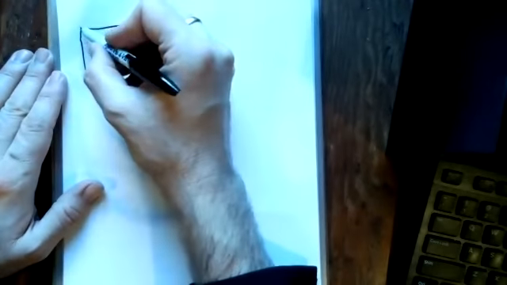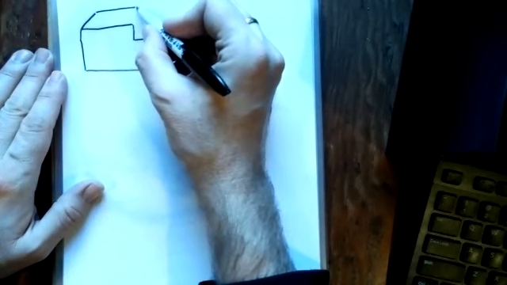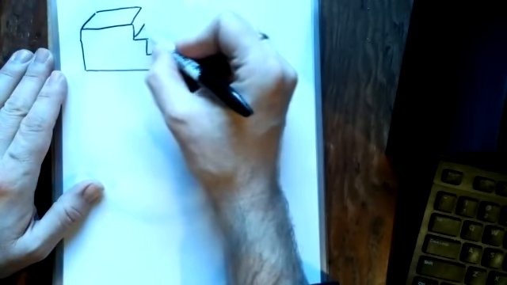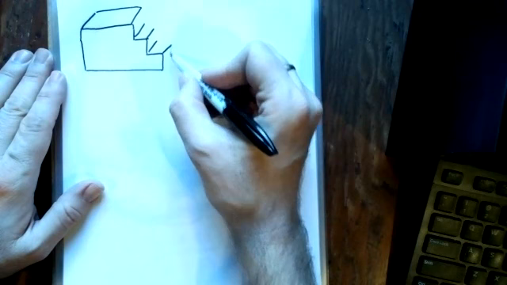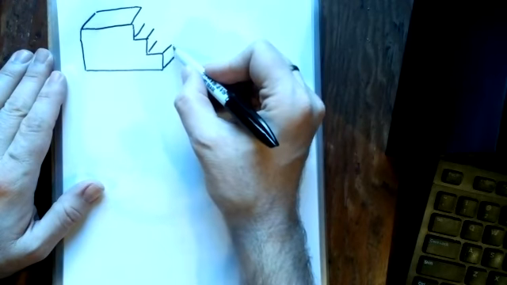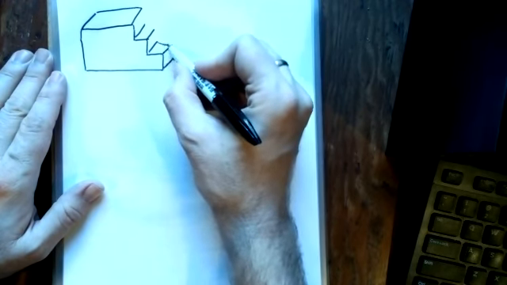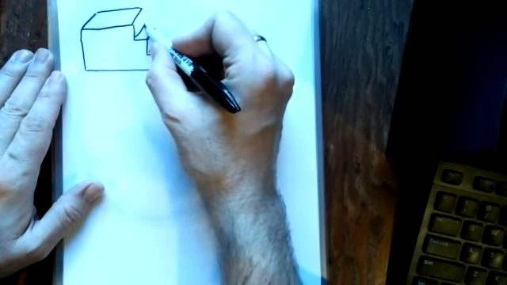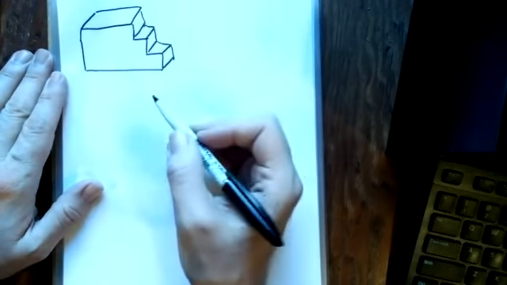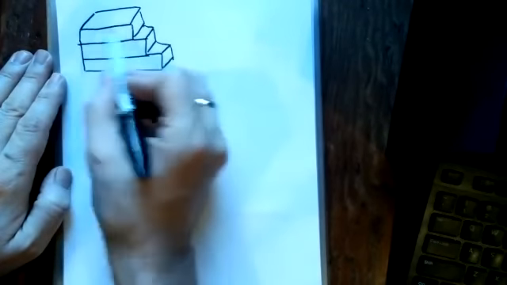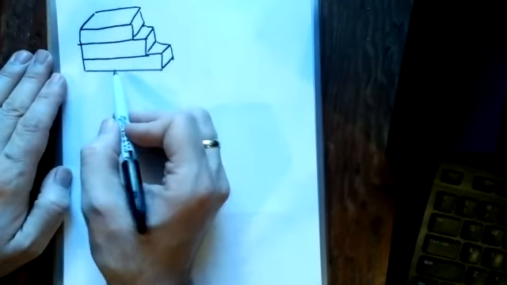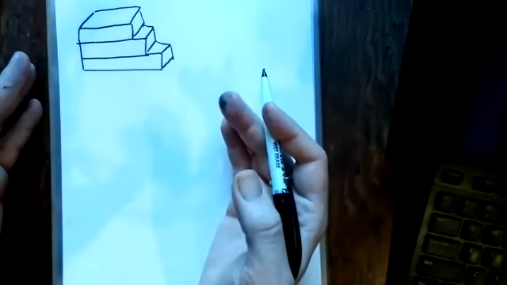Once you figure out what each of these things are, we could break this up into 3 different boxes, say box A plus box B plus box C. That would be relatively easy.